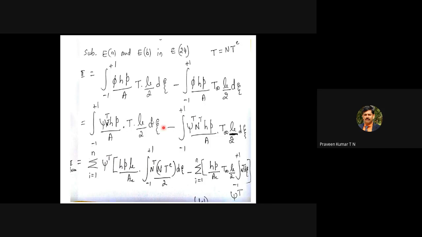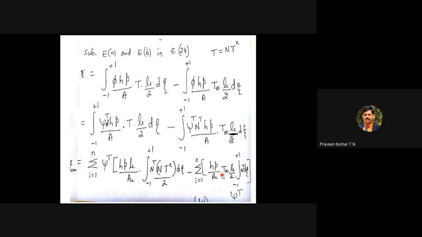Here everything you are getting, T is replaced by N into TE. And here, as usual, T infinity is constant temperature. T refers to temperature at any point within the element, but T infinity is known because it refers to the surrounding temperature.